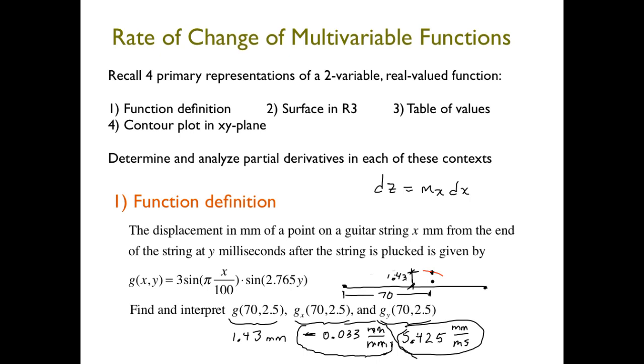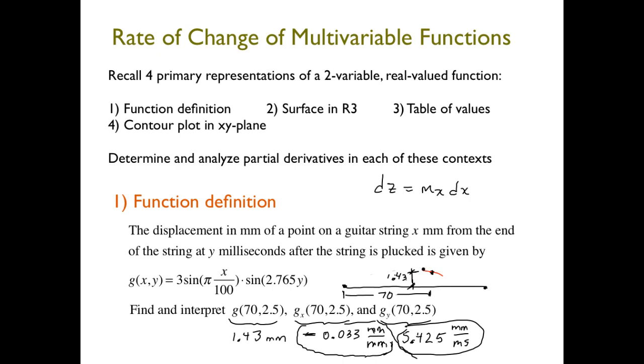Right at this moment, at 2.5 milliseconds, at 70 millimeters, what is the string doing? Eric got it. It's moving up. This is positive, right? How much is it moving up? Given whatever change in time you pick, it's going up 5.425 times that change in time. And it's going up because it's positive.